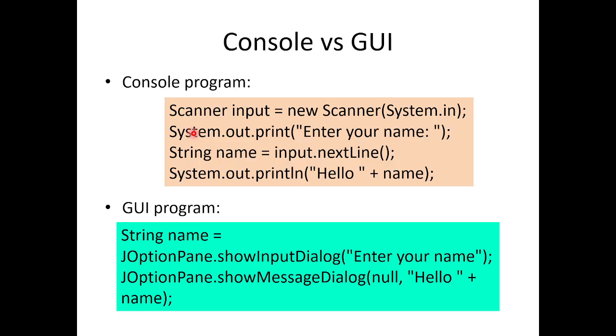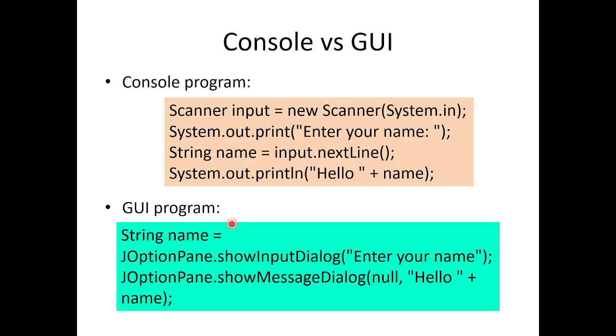Then we have the task display, enter your name, and we define the name as a string and read the input as a string. Then we display back hello followed by the name, which comes from the input read in the previous phase. The code in the orange box represents the syntax for the console program.